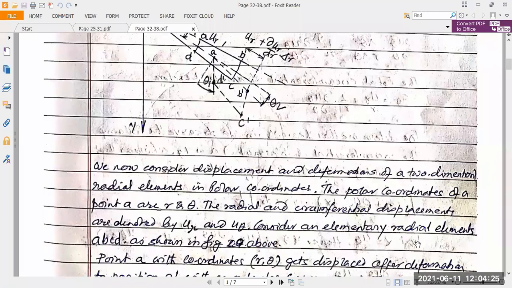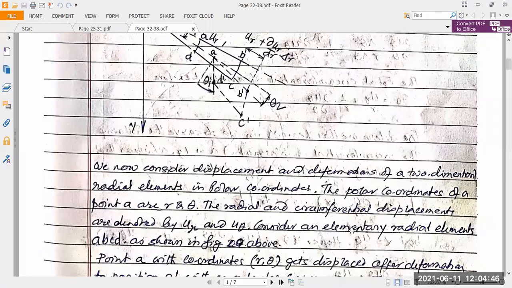The radial and circumferential displacements are denoted by ur and u theta.